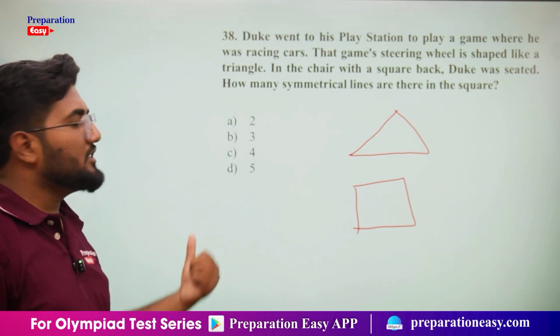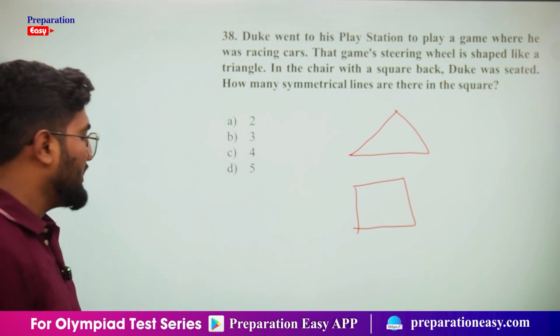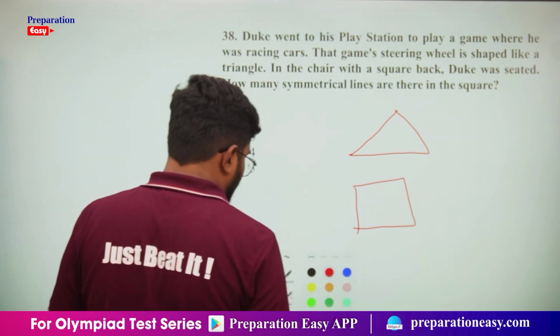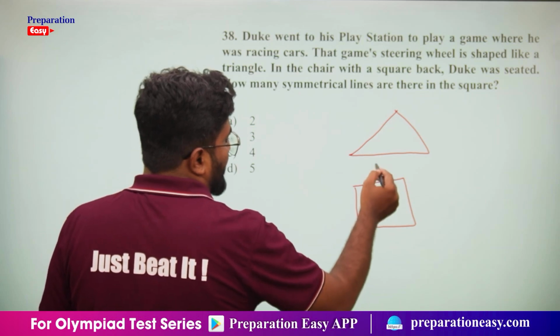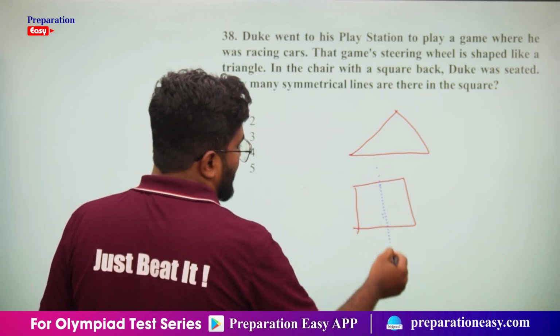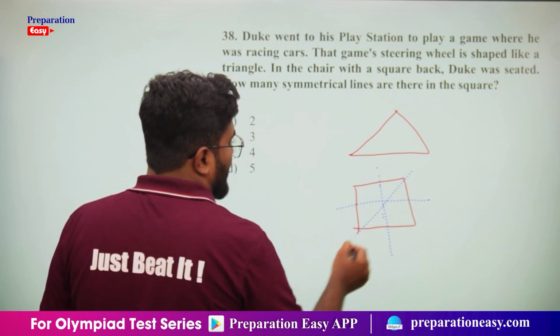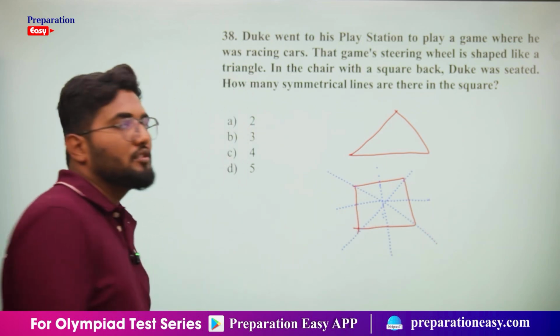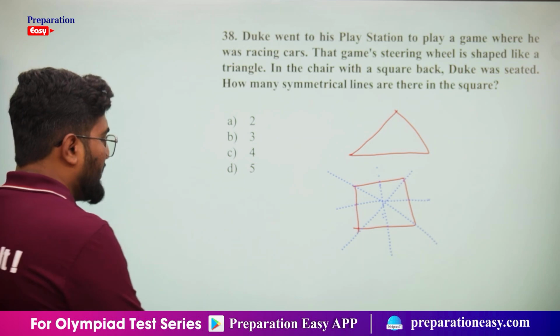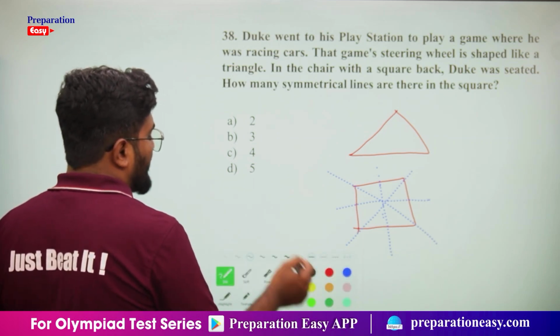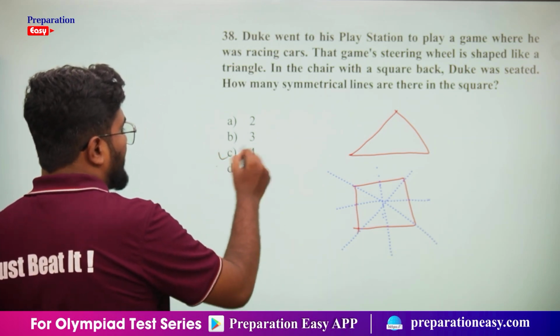How many symmetrical lines are there in the square? There are 4 symmetrical lines. This would be the first symmetrical line, this would be the second, third, and this would be the fourth. So a total of 4 symmetrical lines are there in any square. The correct answer would be 4.